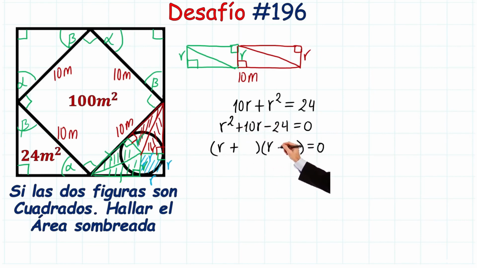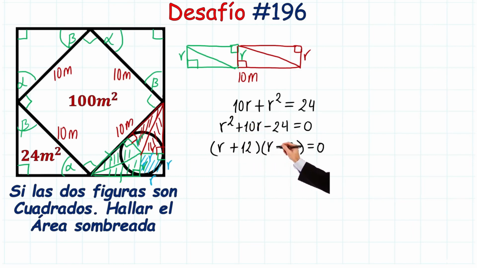Plus times minus gives me minus. Now pay close attention because we need two numbers that multiply to give us minus 24 and that added or subtracted give me 10. Those numbers are 12 and 2. 12 times minus 2 gives me minus 24, and 12 minus 2 gives me 10 positive.